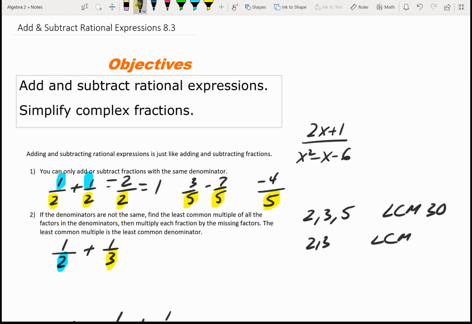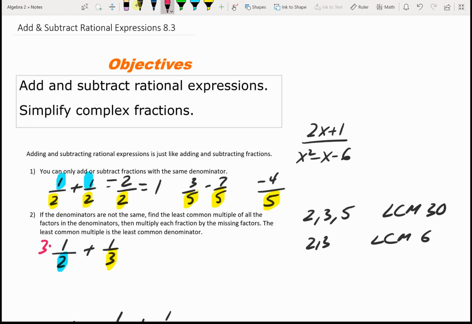So I will multiply the first fraction, 1/2, by the factor that's not in the denominator for that fraction, but is in my least common multiple. So I need to multiply the first fraction by 3.